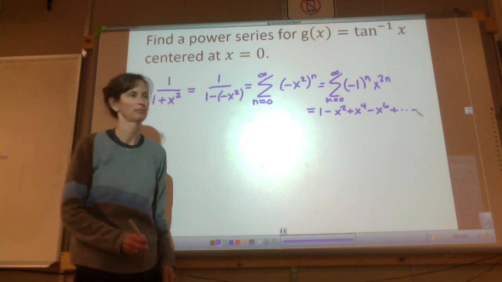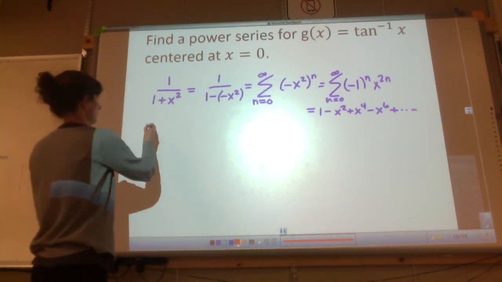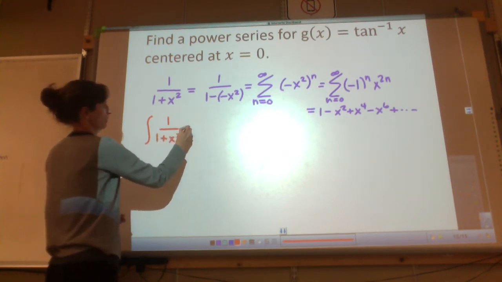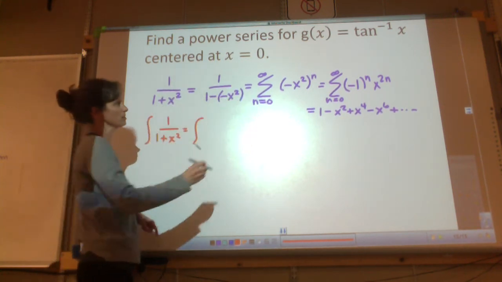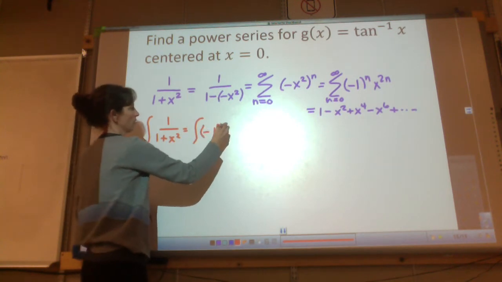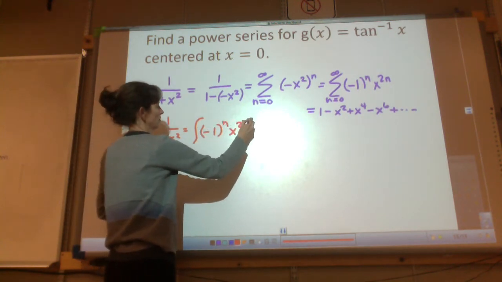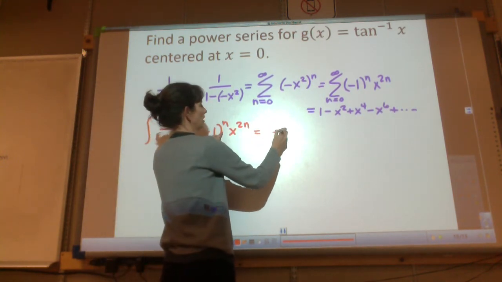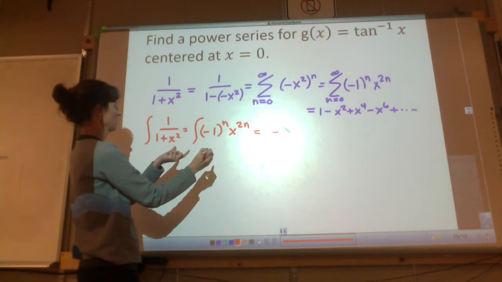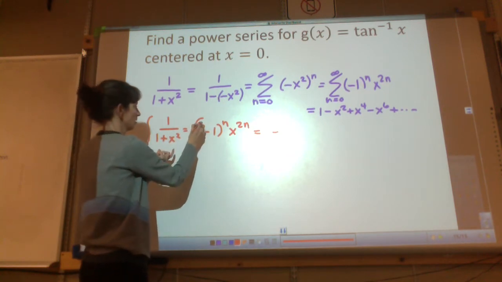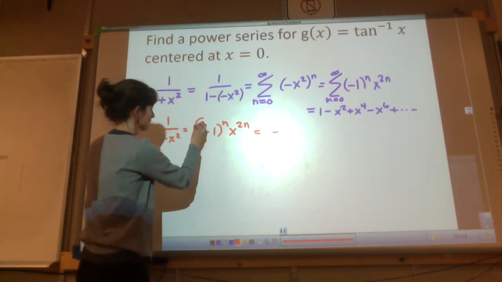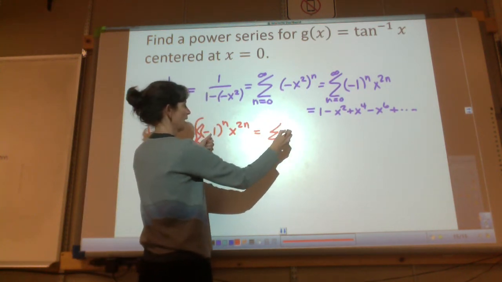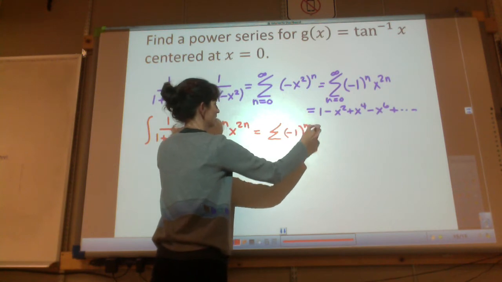What's the next move? Integrate! So we're integrating 1 over 1 plus x squared, and what we get is a constant, and a series: negative 1 to the n, which doesn't change.